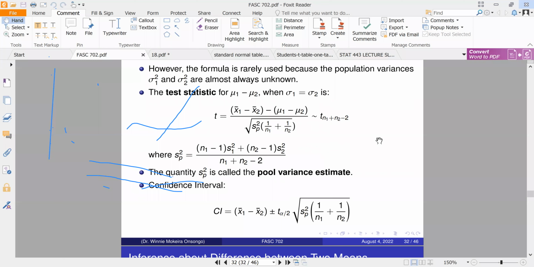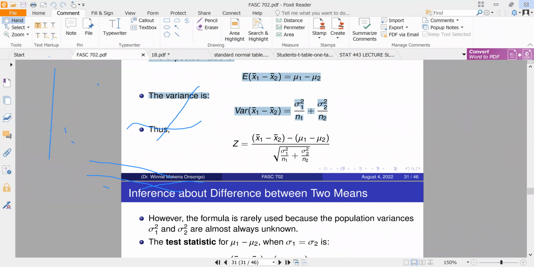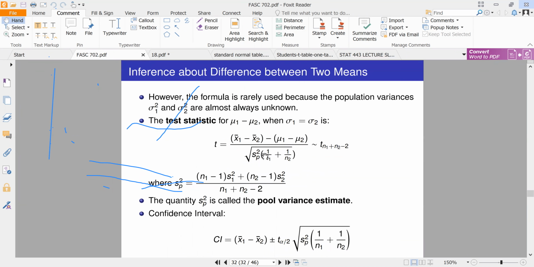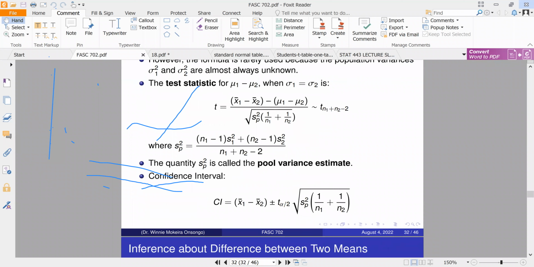Now, for T, not unfortunately, you note that in the denominator we are not just having S squared. We are having S squared subscript P. This S squared subscript P is a pooled variance for the two populations, a pooled sample variance.